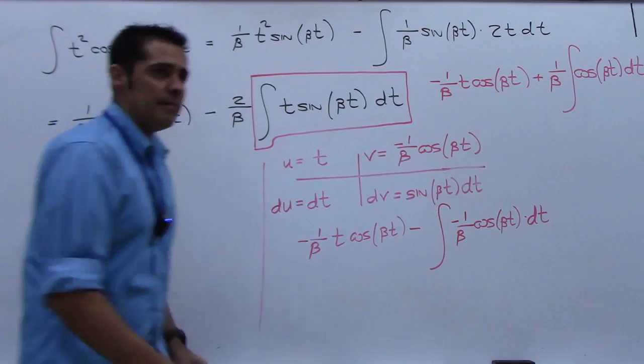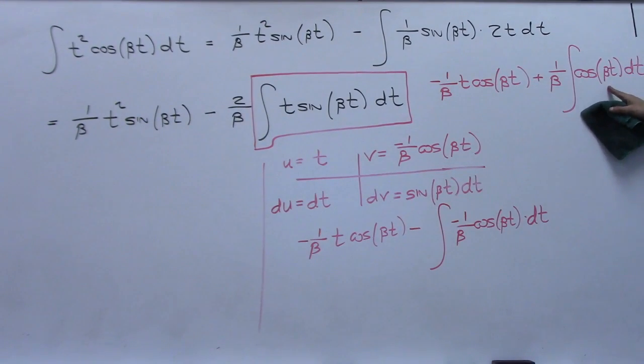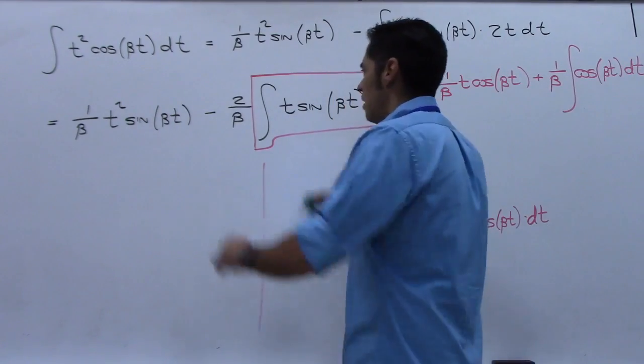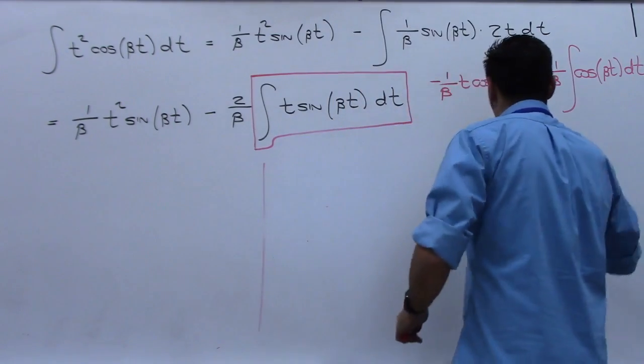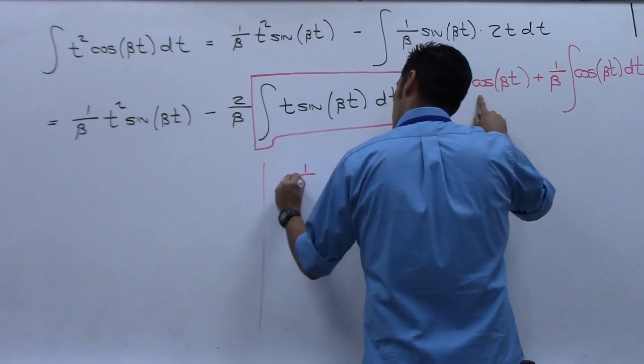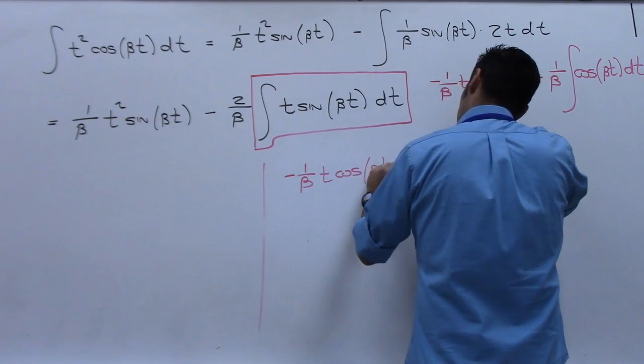We ready to integrate that? You're going to do just a basic old integration on this, right? This is going to be 1 over beta sine beta t. So I'm at an answer, but I'm not ready to connect it to the beginning part of the problem yet. So I'm at negative 1 over beta t cosine beta t.